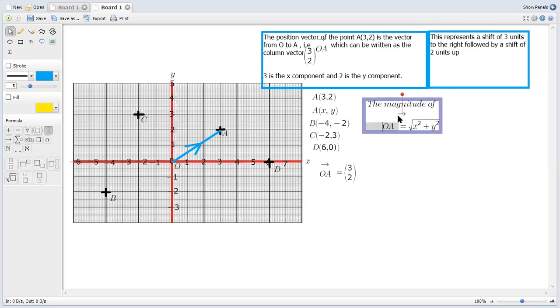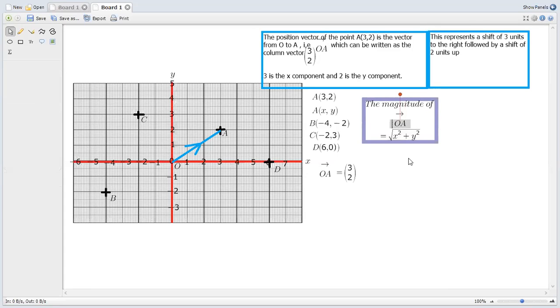So vector OA, the magnitude of vector OA is equal to the square root of the sum of x squared plus y squared. Alright, so I'll go into one, then you do one for yourself, right? Ready?